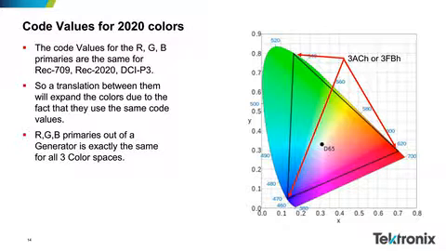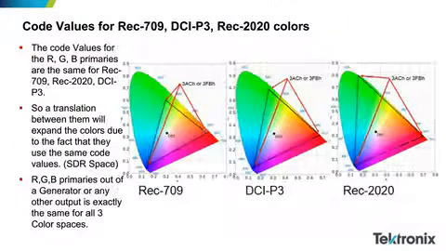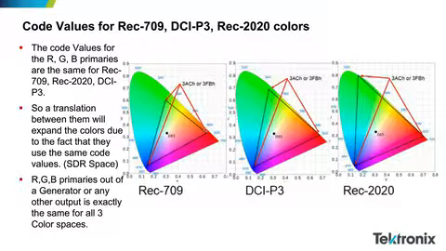So the same exact green could be 100% 709, could be 100% P3, or it could be 100% 2020. We actually took, so you can see that same signal here on each one of them presented one by one, looking at these. So the translation between each one, then you can see next to each other here.